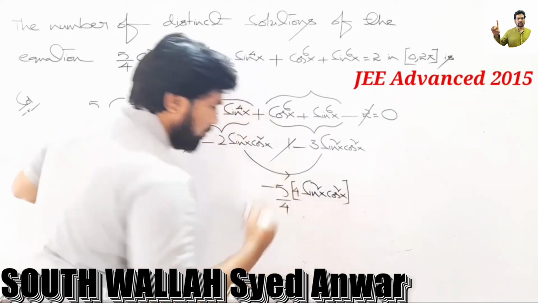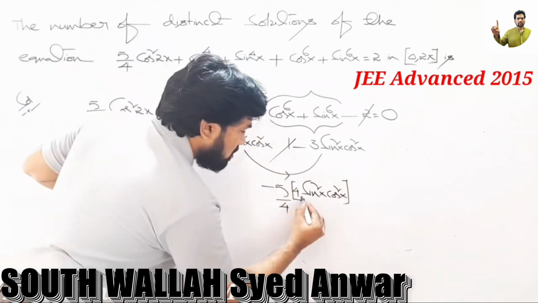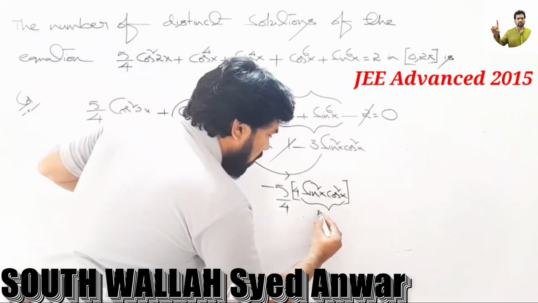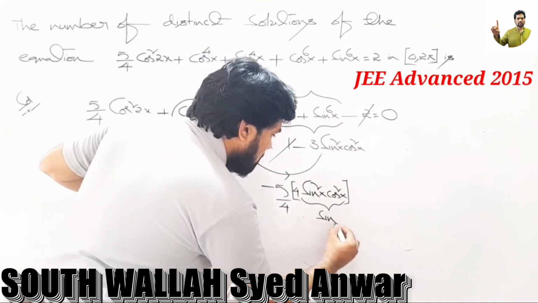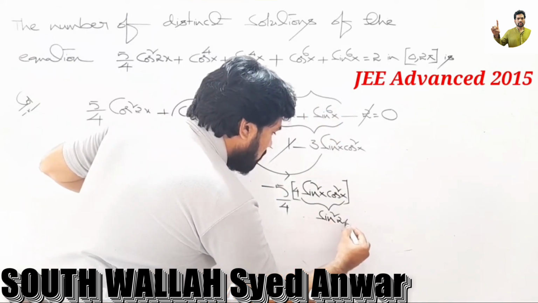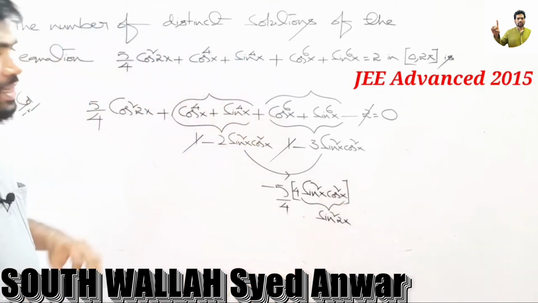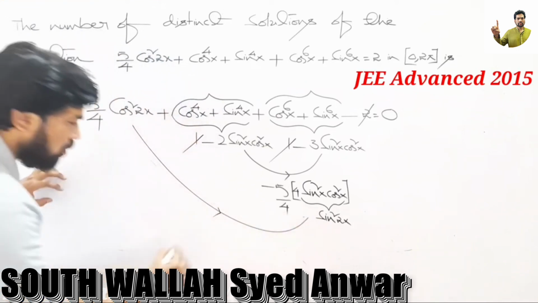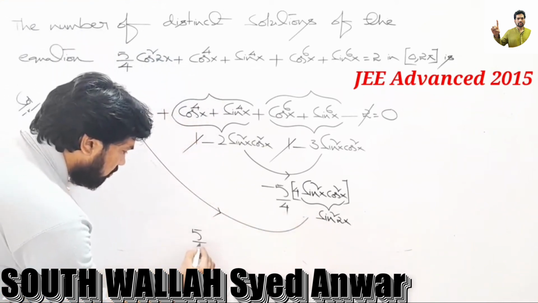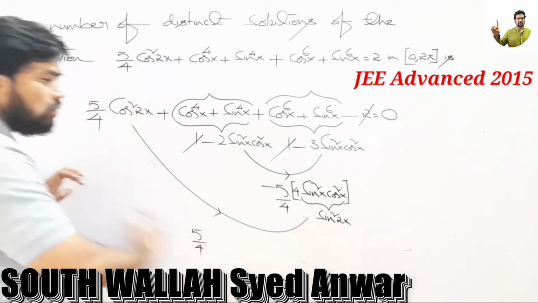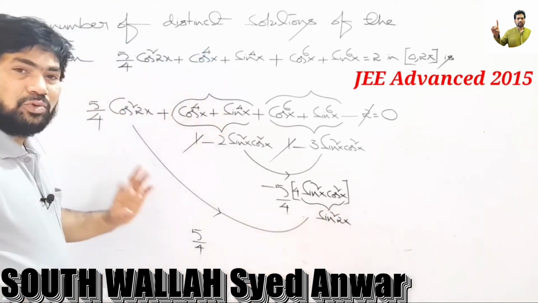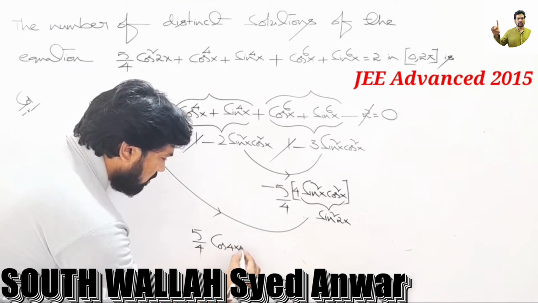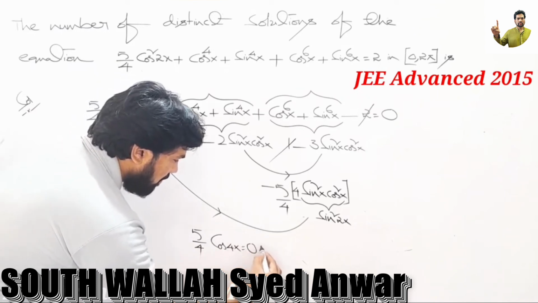In place of 4 sin²x cos²x, what I can write here? sin²2x. So finally, from these two terms, 5/4 common, cos²2x − sin²2x is nothing but cos 4x. So we have 0 on the right side.